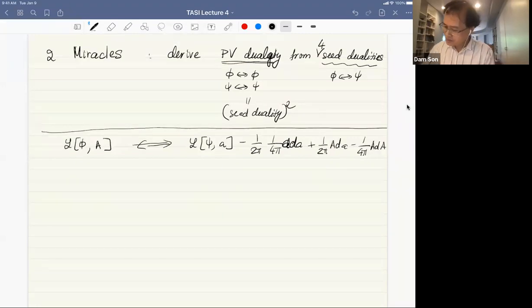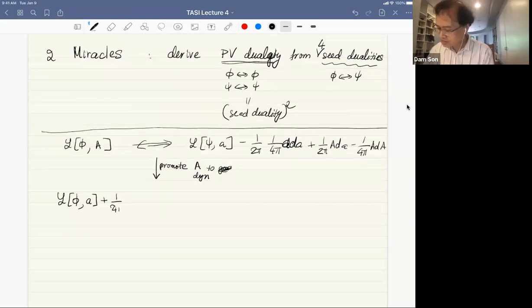Okay, so I'll just show you the steps, and each of these is very trivial to do. First, we promote capital A to a gauge field, to a dynamical field. So again, I have phi. Now capital A on this side, I can call that small a plus, and I add to that term ADA. Capital A is now a new field. This is new.